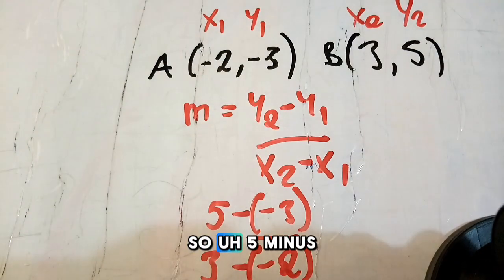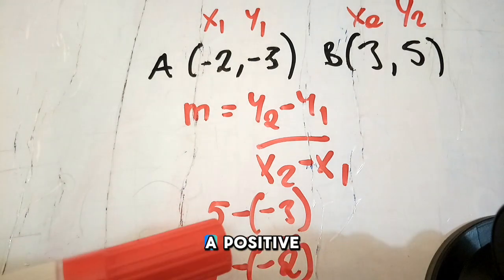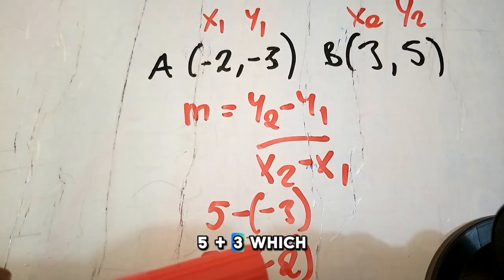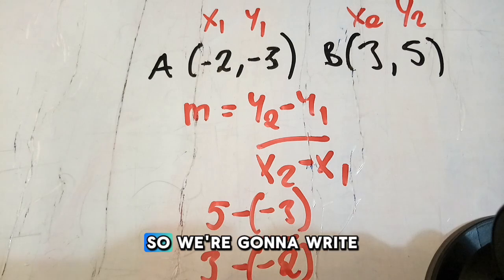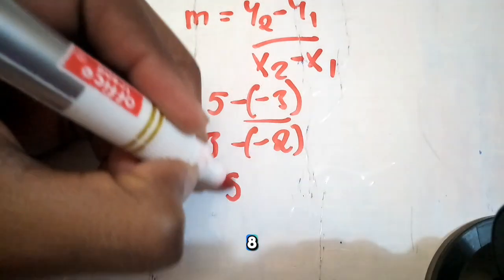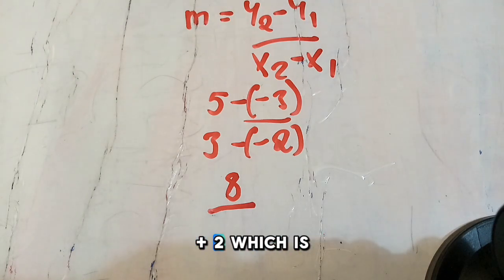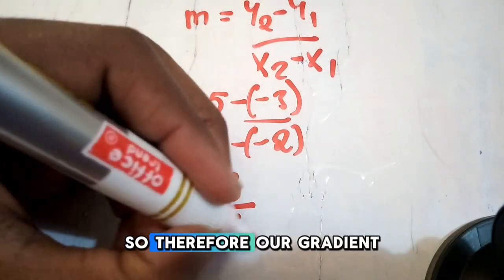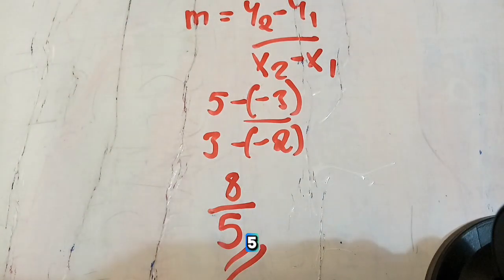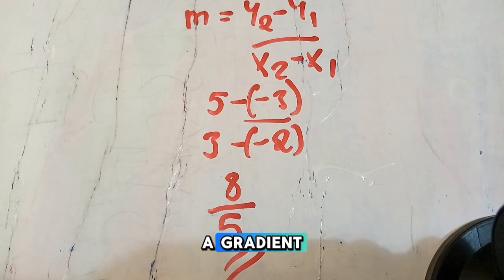So 5 minus negative 3: because we have two negatives there, it gives us a positive, so it will be 5 plus 3, which gives us 8. Then down here it would be 3 minus negative 2, which is just 3 plus 2, which is 5. Therefore, our gradient will be 8 over 5, so this is a positive gradient. When writing the gradient, we usually leave it in fraction form, but it would still be okay if you took it into decimals.